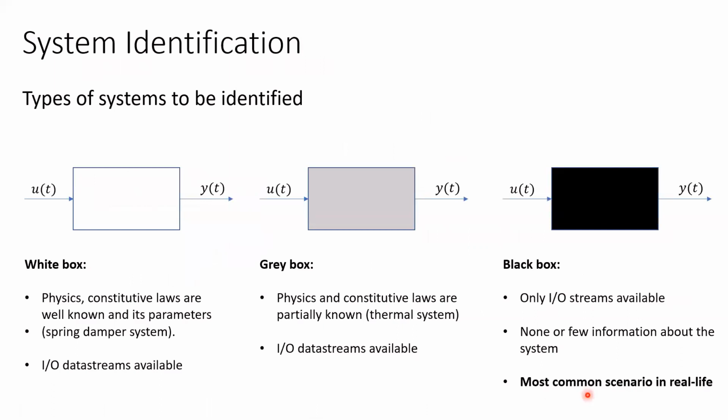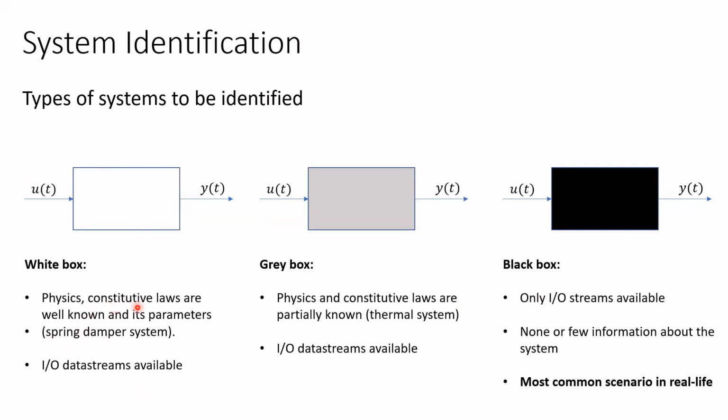Maybe you heard about these white box, gray box, and black box definitions before, but if not, this is something that is totally related with system identification, in the sense that we can understand how our model is built. We have these three approaches: white, gray, and black box. The case of the white box, for example, is the spring damper system that we saw in a previous slide.